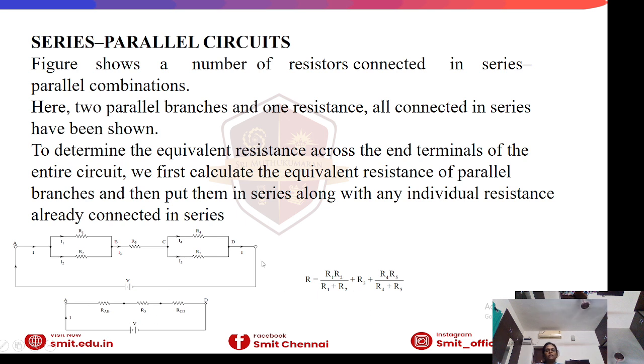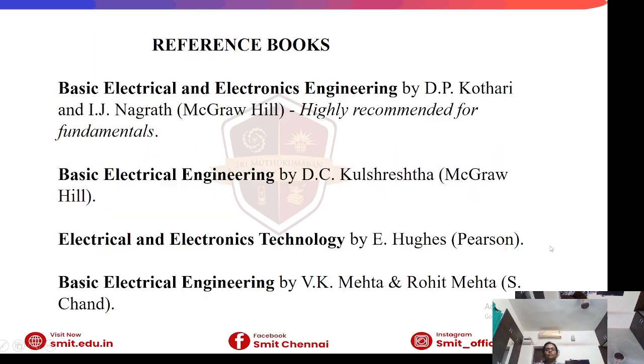So the total resistance of a given circuit which is connected in series and parallel is calculated in this way, as R1, R2 in parallel, in series with R3, and R4 and R5 in parallel, in series with R3. This is the way the total equivalent resistance of a series parallel circuit is calculated.